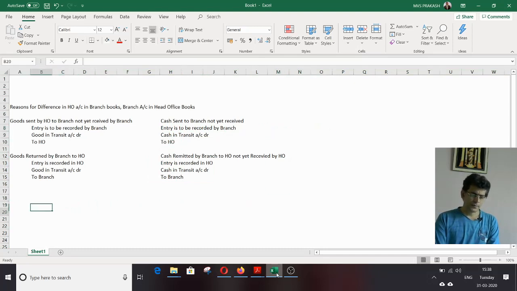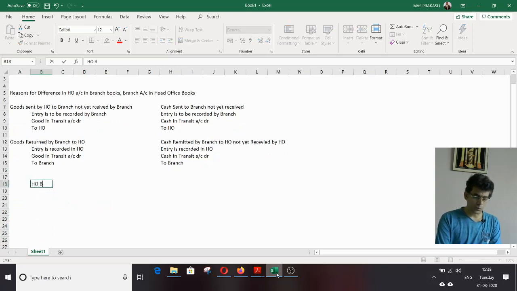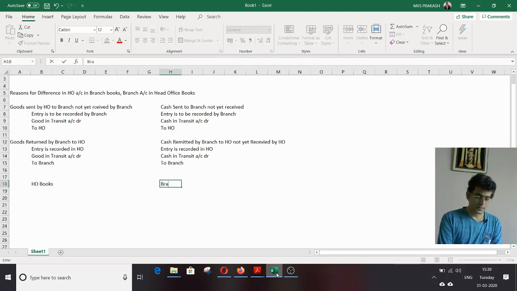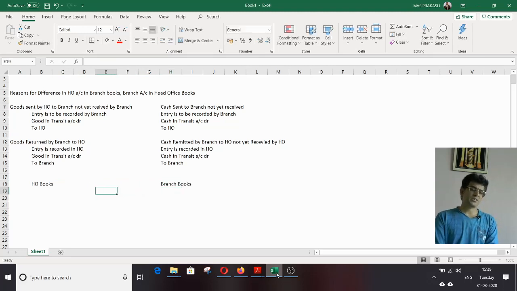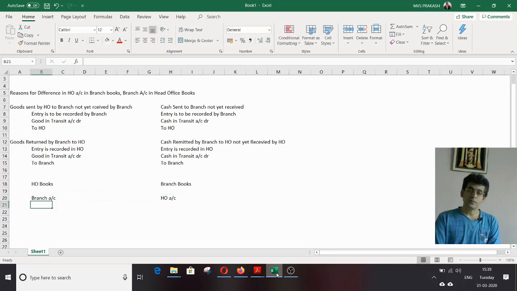One in the head office books, and another in the branch books. Head office will prepare the branch account, and the branch will prepare the head office account. Clear?